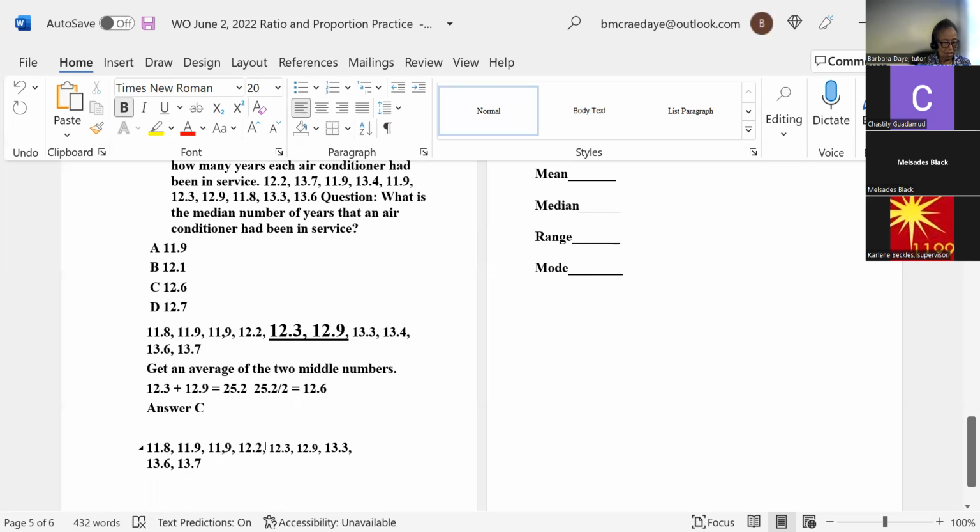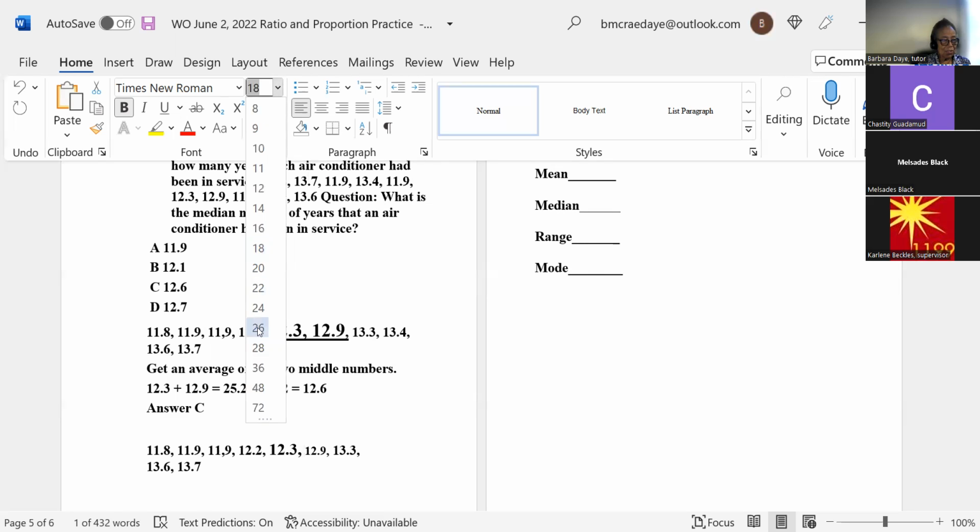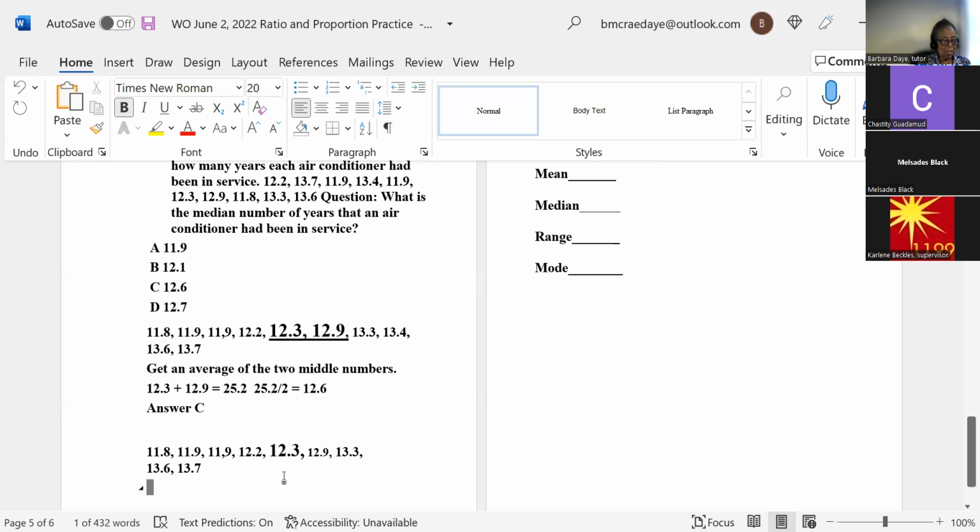That's right. Very good. 12.3. Let's just make that bigger so you can see. 12.3 is now the median, with 9 items.